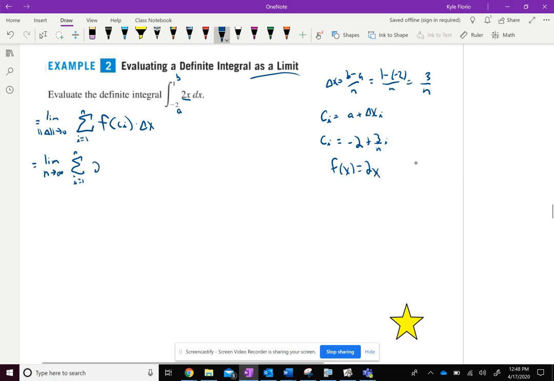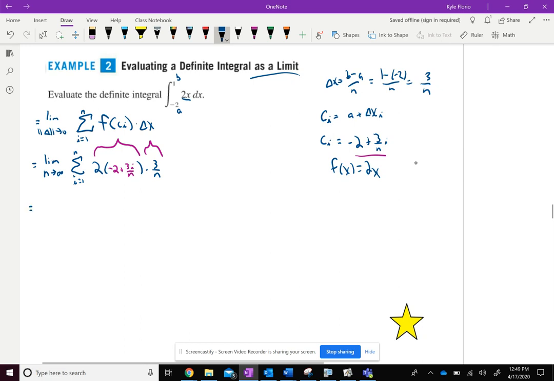So that's just going to be 2 times ci, and we know ci is negative 2 plus 3i over n. So that is that part. And the delta x part is just times delta x, which is 3 over n. So that's delta x. Okay.